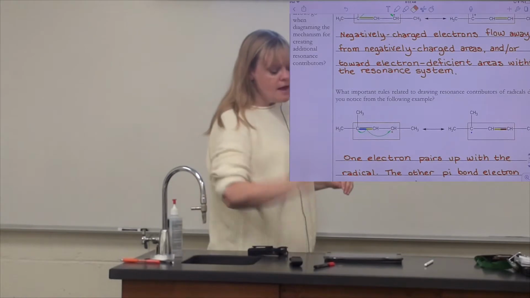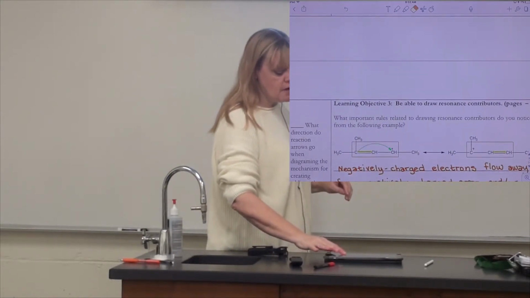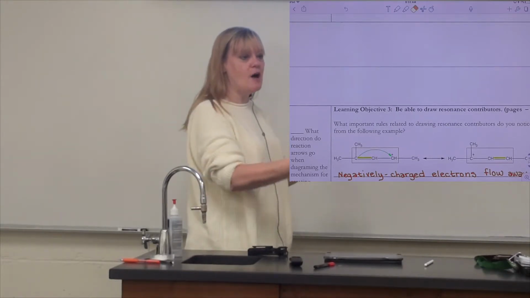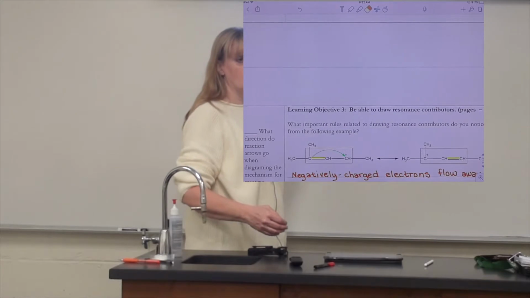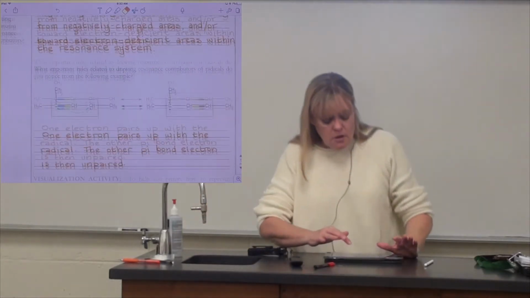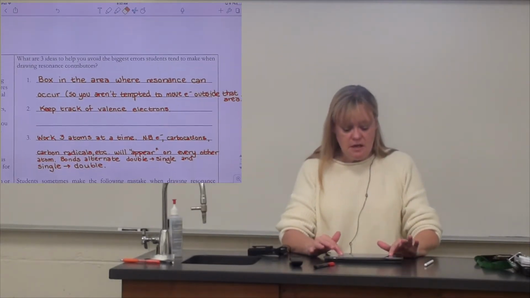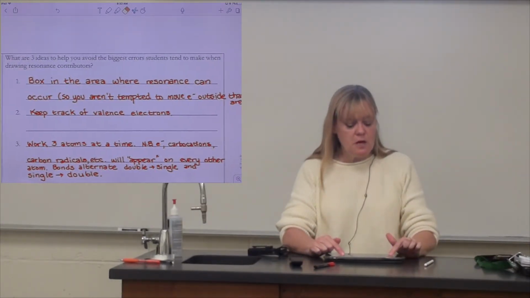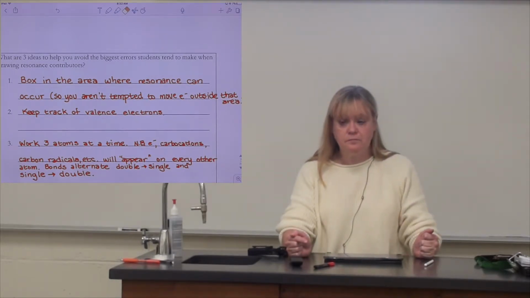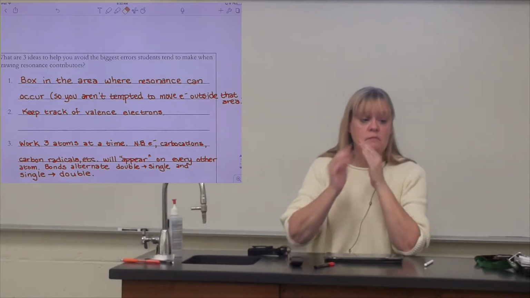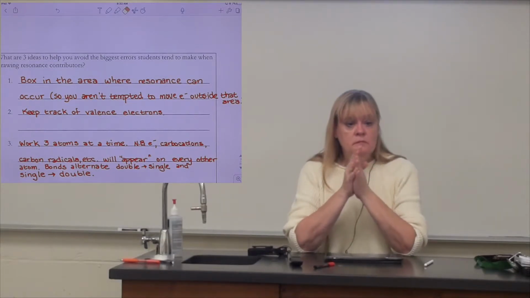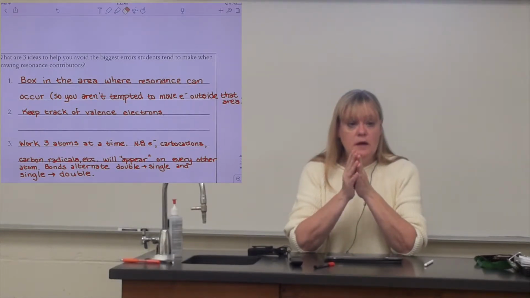So if you notice that pattern, even if you're struggling with the arrows, you can hopefully draw all the resonance contributors and figure out where the positive charge is appearing or where the radical is that you'd be working with. What I would suggest is box in the area where resonance can occur. That way you know exactly where you're working. Keep track of valence electrons so you don't get that all messed up.